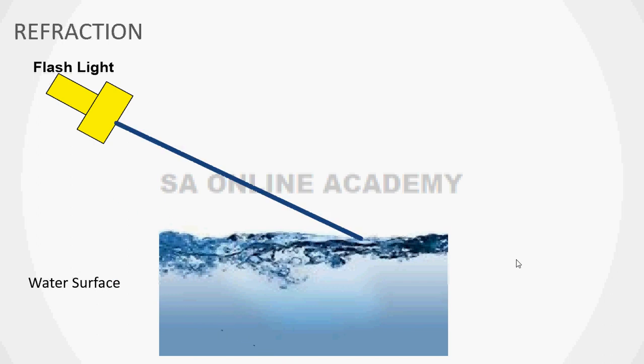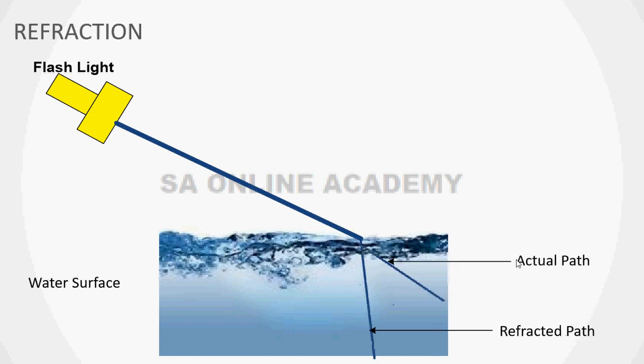The water surface is denser than the air. So when light passes through the water, it gets deviated from its natural straight path or actual path. This process is called refraction. The process of deviating from the original path to another path when it is transferred to a different or denser medium is known as refraction.